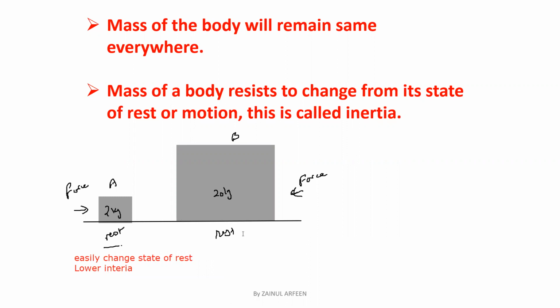Whereas B has a greater mass, so it will be difficult to move or change the state. So we will say it has a greater or higher inertia.